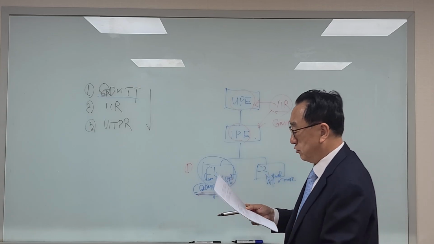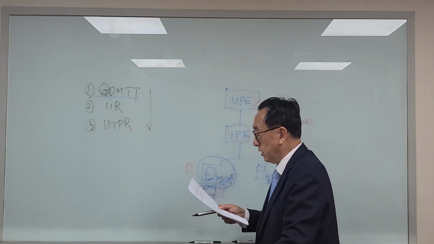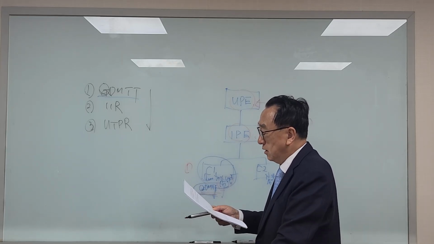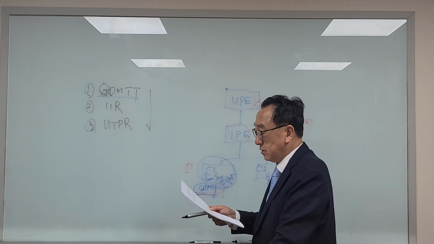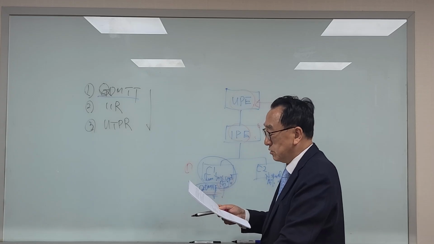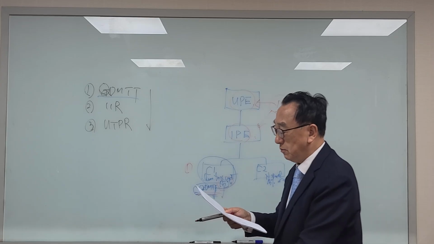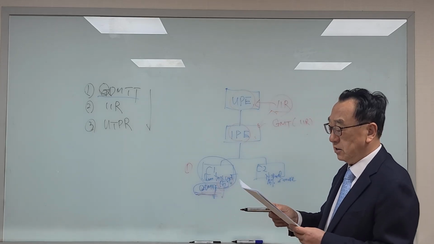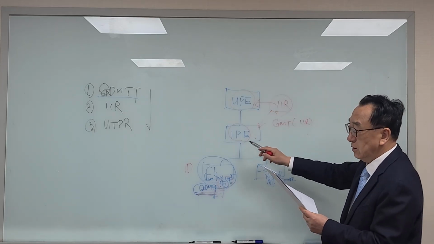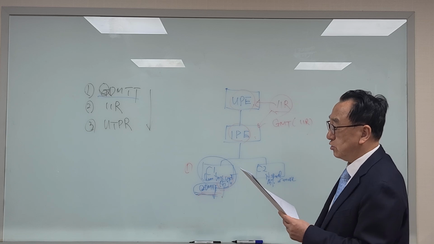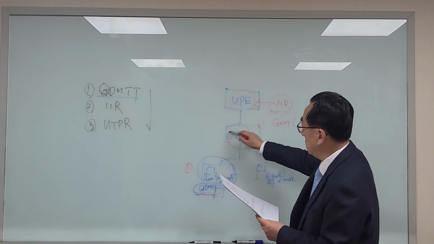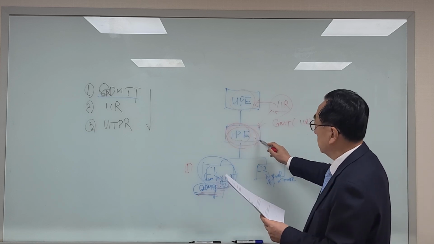If the jurisdiction where the UP is located applies the GMT, the UP is naturally subject to the top-up tax in the first place. However, if the jurisdiction of the UP does not apply the GMT while the jurisdiction of the IPE does, then the top-up tax is imposed on the IPE instead. This is IIR.